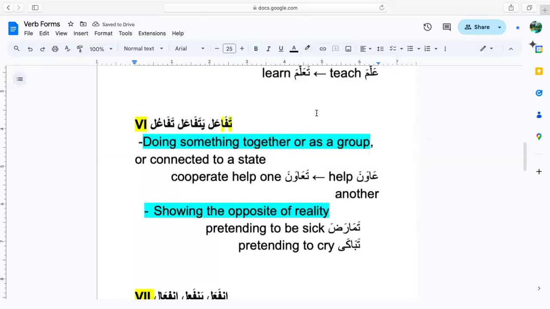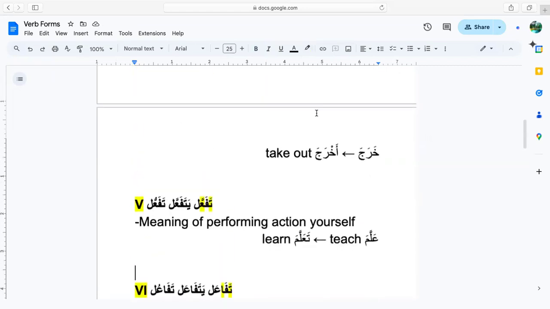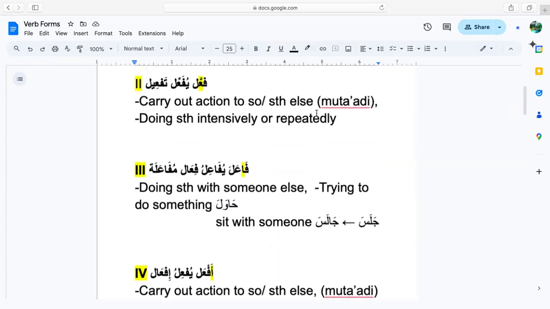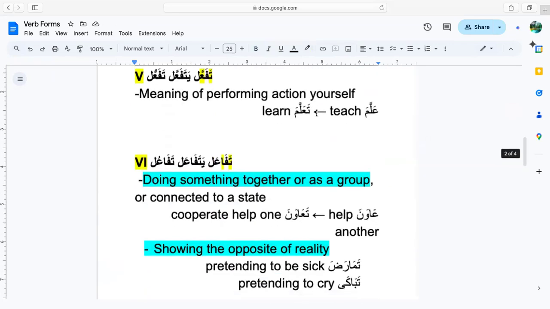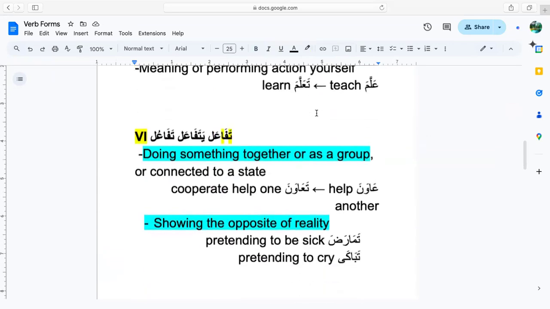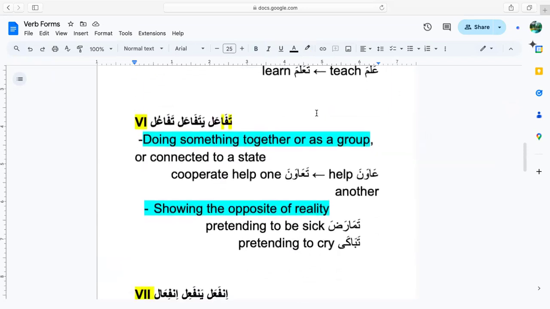So tafa'ala has the meaning of doing something together or as a group. Similar to the third group, fa'ala, trying to do something with two people, but here it is doing something together or as a group.